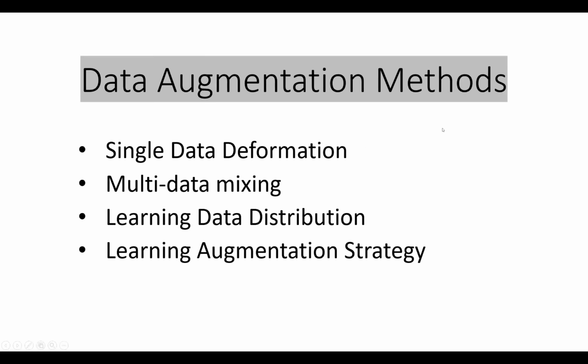There are different methods for doing data augmentation. The ones that we learned in our lectures and lab are single data deformations and multiple data mixings. But the one that I'm going to implement using the GAN is learning data distribution. It's about looking at all the training data, learning the probability distribution of how that data occurs, and oversampling it so that we could produce more and more data of similar kinds.